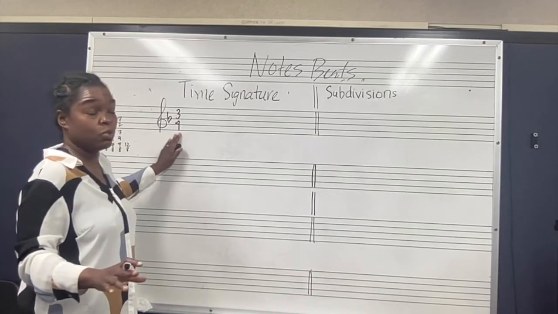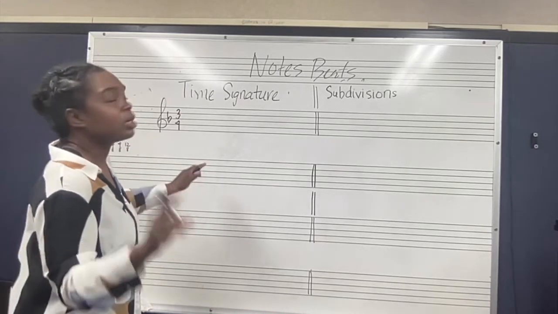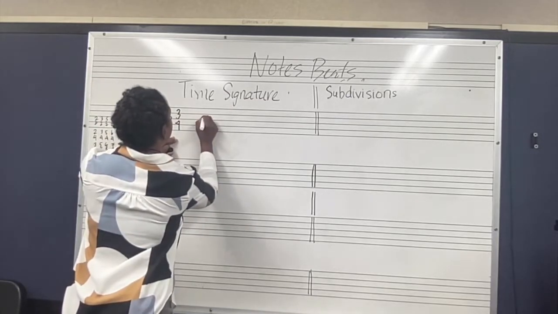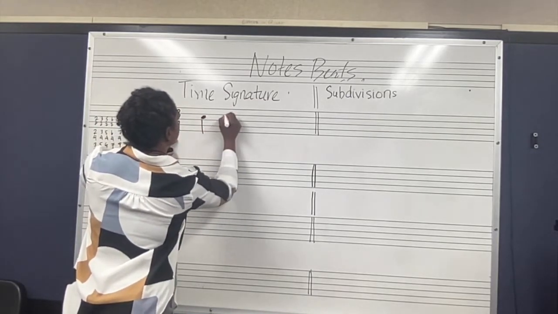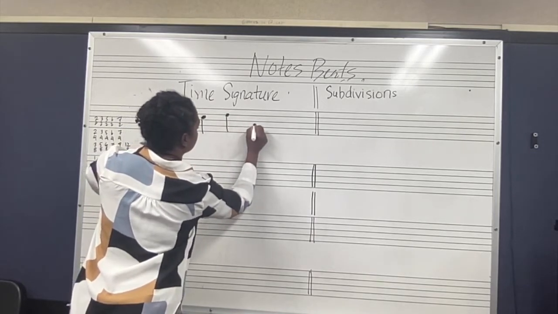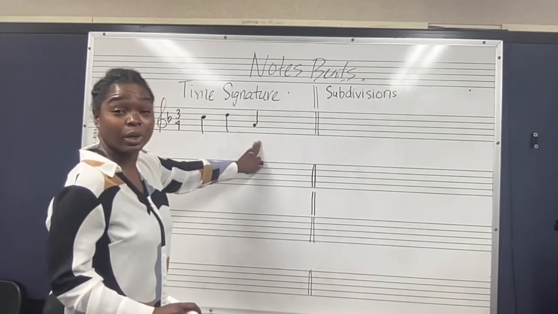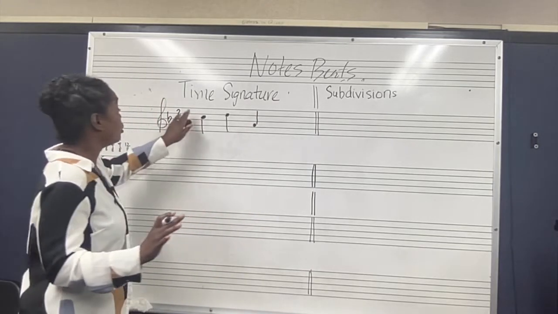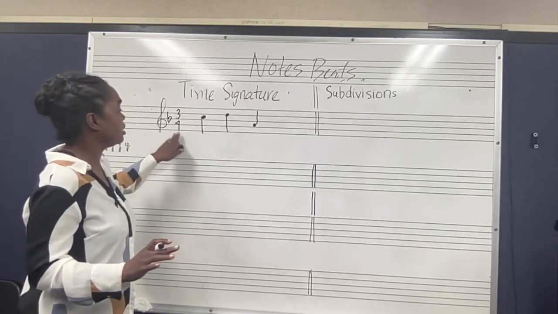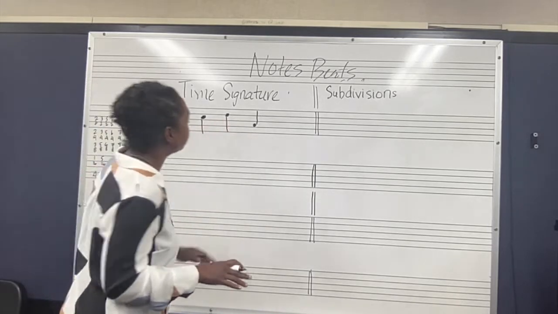The bottom number will tell us, if we see a 4, that we're talking about a quarter note. So that would look like something like this, and it would count 1, 2, 3. Does that make sense? 3 beats in this measure, and the type of beat we're working with is a quarter note.